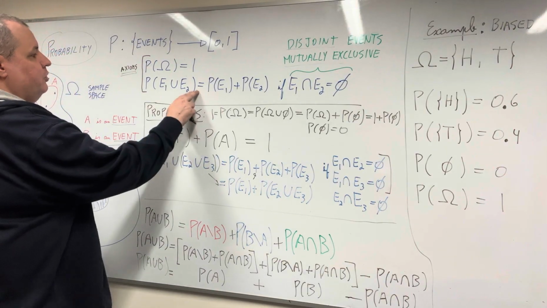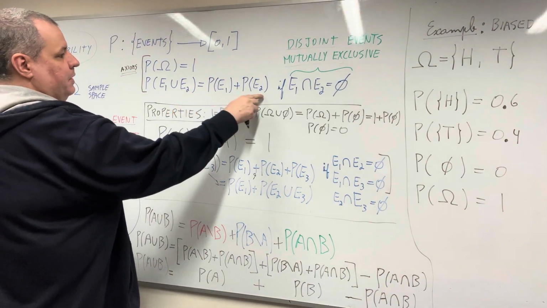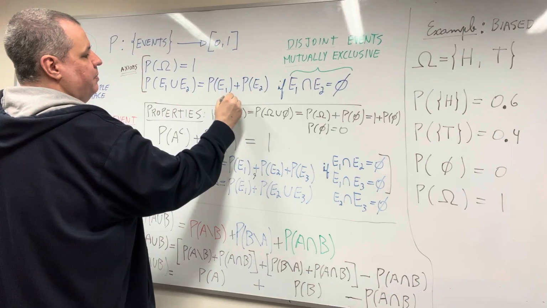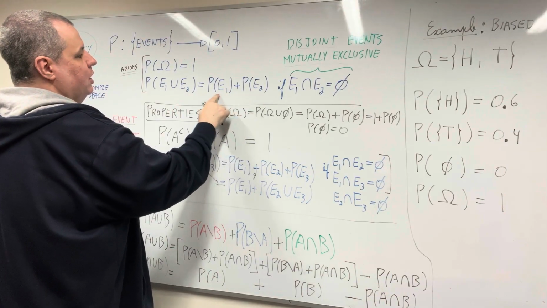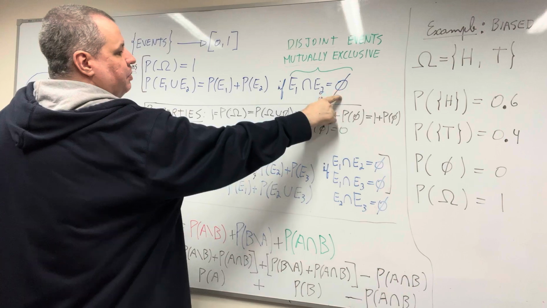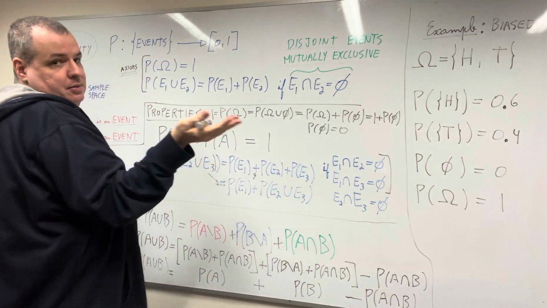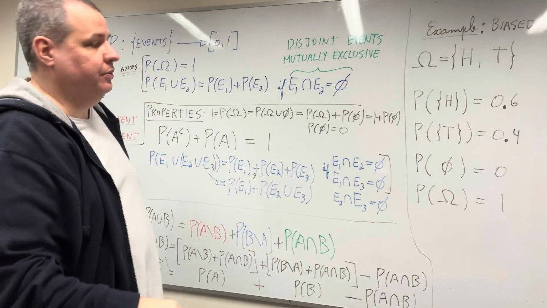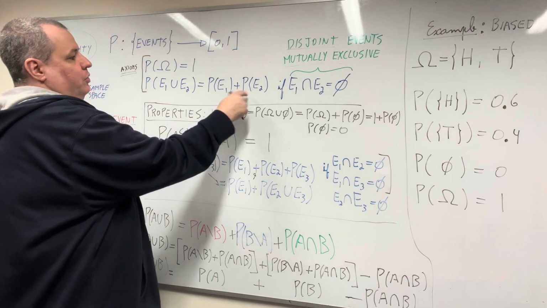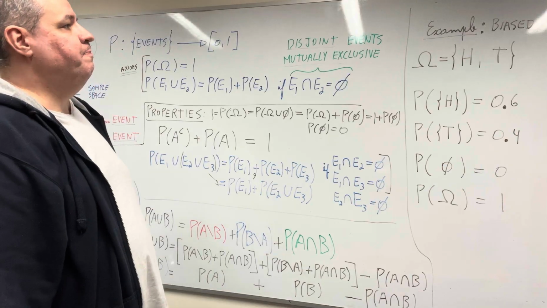Okay? Here, the intersection is empty. I would have to subtract the probability of the intersection. But the intersection is empty and the probability of the empty set is 0. So I don't have to put the 0, right? In general, we don't have to put the 0. Adding 0 to an expression will not change its value.